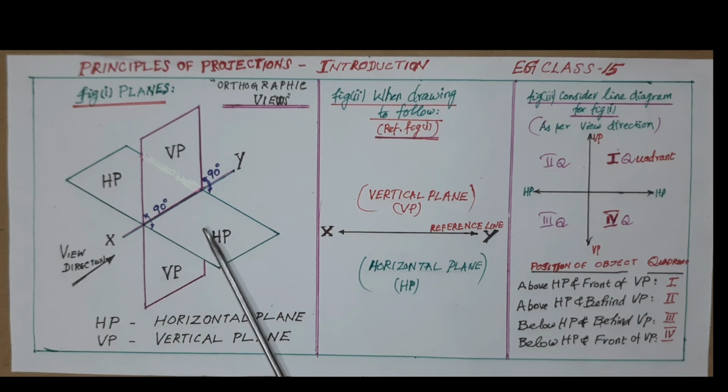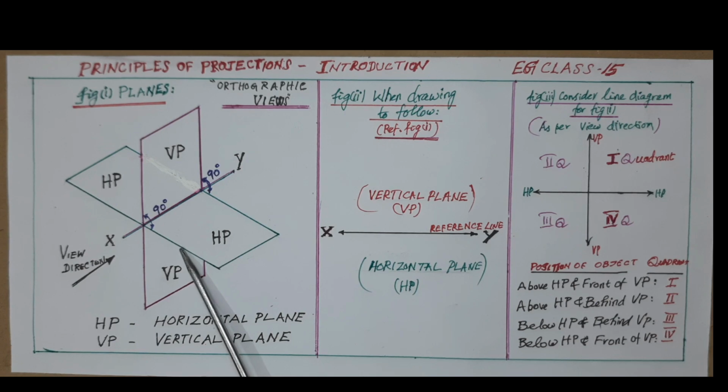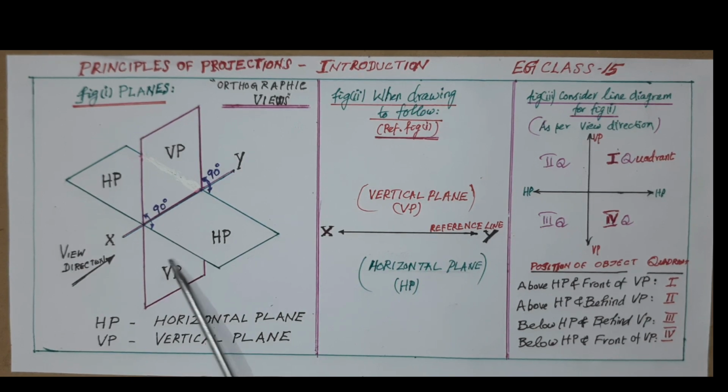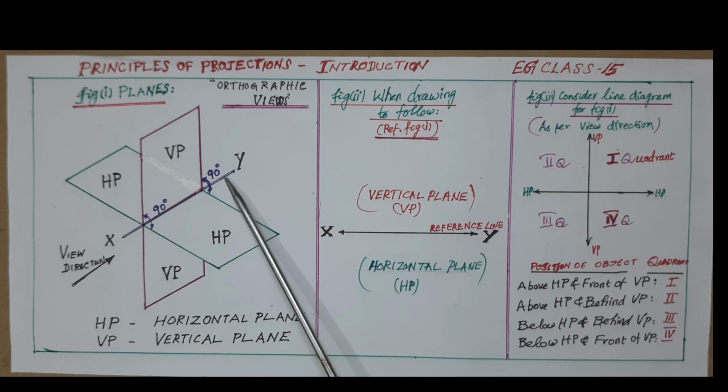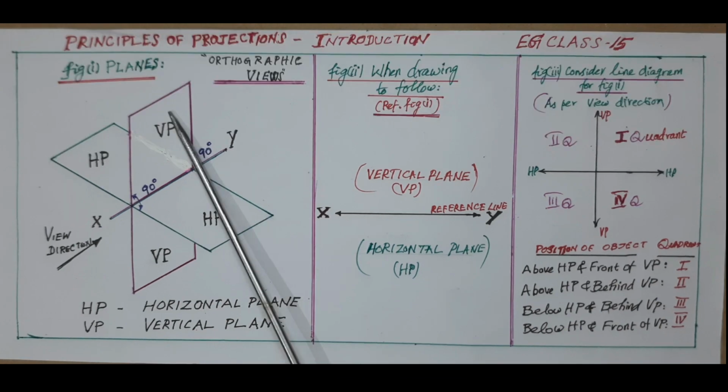With respect to figure 1, as it is shown here, there are two planes we have to consider. One is the horizontal plane and another one is the vertical plane. Both are shown here, and XY is the imaginary joining line.